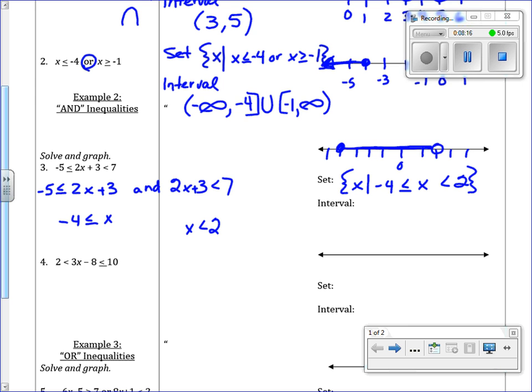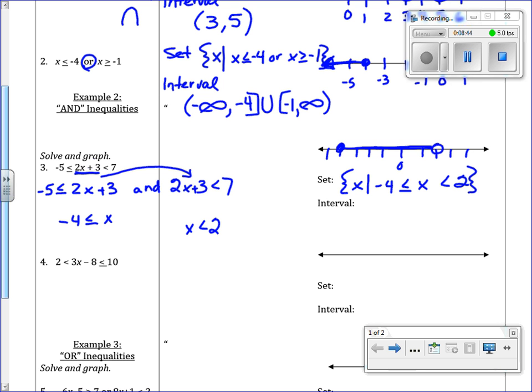All right, so just let me take a step back real quick because I might have done this too quickly and you might be going, what in the world is she doing? What I did is I took that 2x plus 3, okay, and I used it here with negative 5 less than 2x plus 3 to solve for x. But that 2x plus 3 is also used with the less than 7, and I solve for x again.